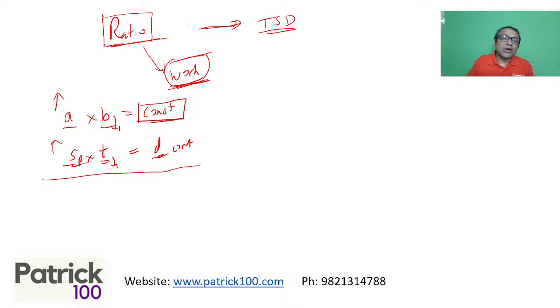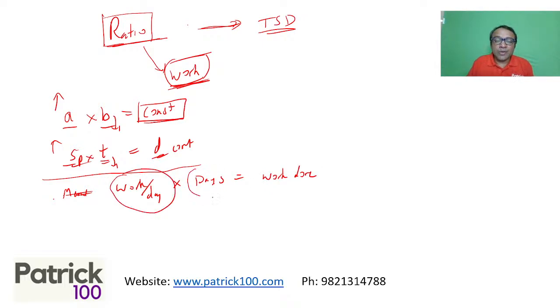Now, how do you apply it to work? The amount of work done per day into the number of days is equal to the total work done.